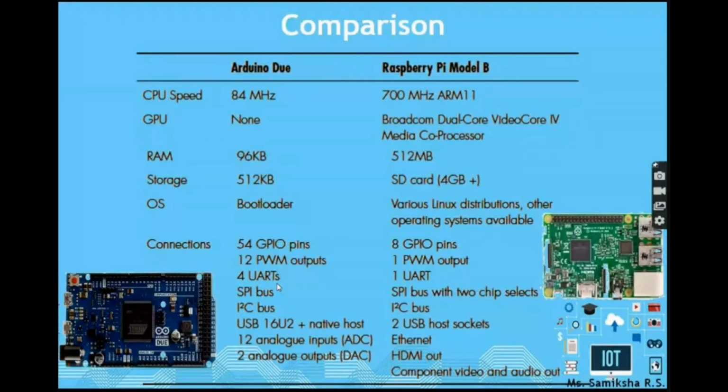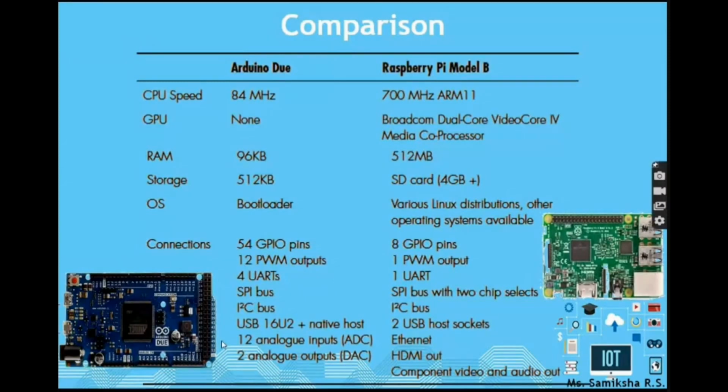So next we see SPI. We have the SPI bus and I2C bus here also, and here we have the SPI bus with 2 chip selects. When you have SPI communication, you have the master and the slave, so here you can identify 2 slaves with 1 chip. So you have 2 chip selects, whereas here you have a single one.